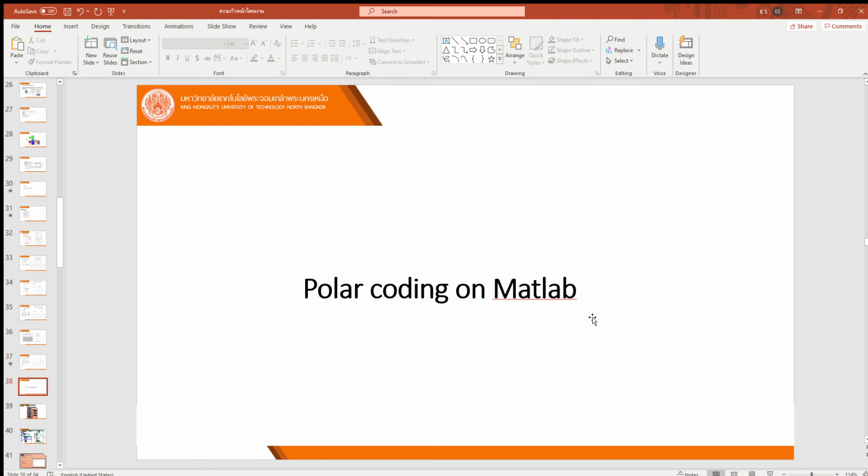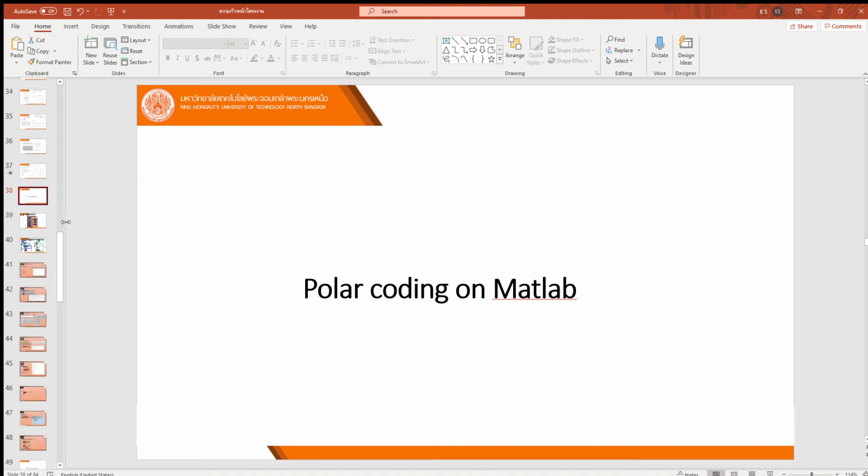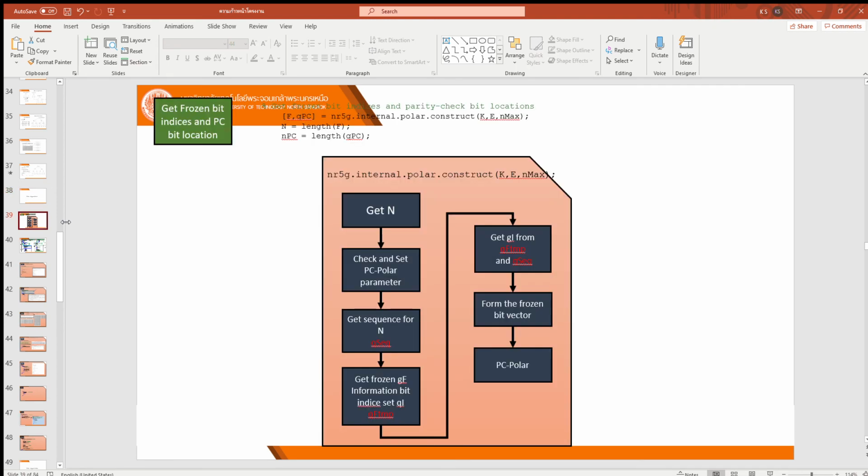So once we know the concept of the 5G polar code, we can understand it by using it in MATLAB. For MATLAB, we can get the frozen bit indices and then the PC bit location.